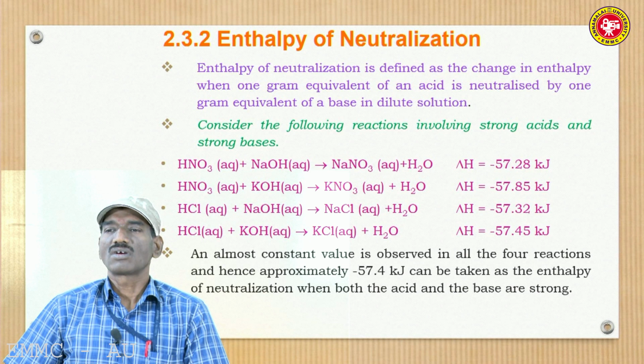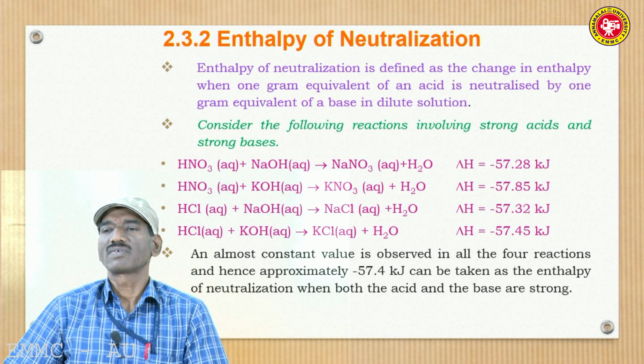An almost constant value is observed in all 4 reactions, and hence approximately minus 57.4 kilojoule can be taken as the enthalpy of neutralization when both the acid and the base are strong. Considering all 4 values, the first is minus 57.28, the second is 57.85, the third is 57.32, the last is minus 57.45.